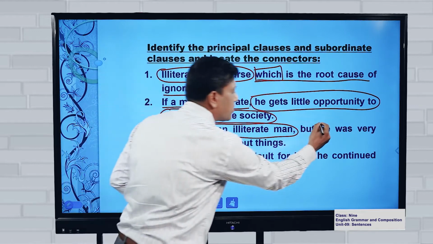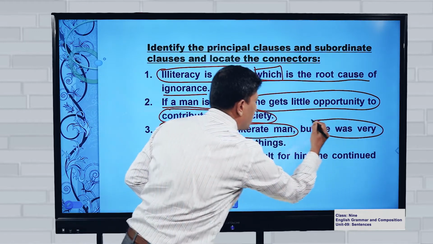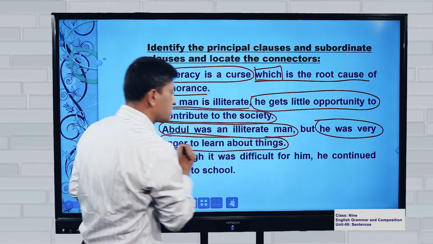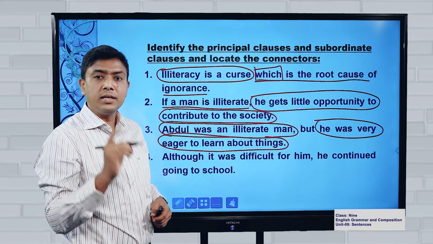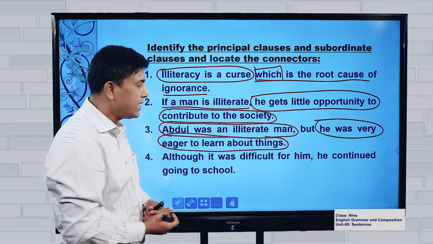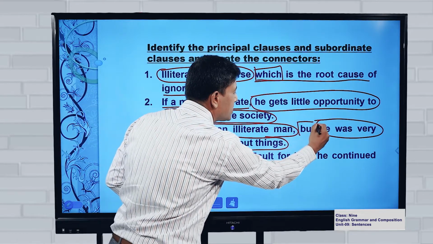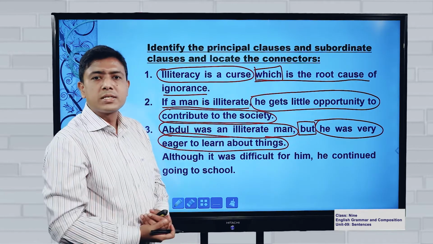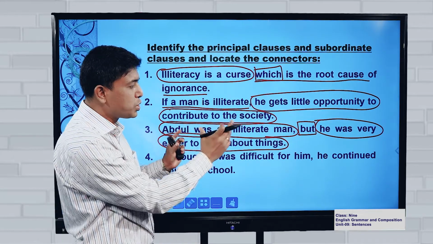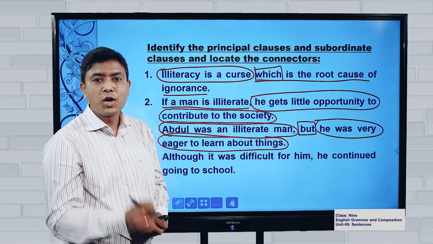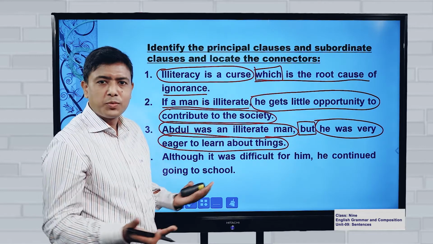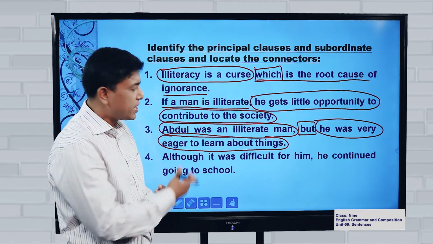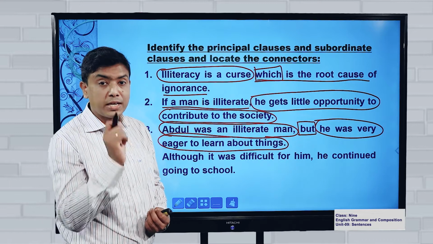Therefore, this particular part is going to be another independent clause. And here we have but as the connector of the 2 simple sentences, of the 2 independent clauses. So we are easily identifying dependent clauses, independent clauses, and also connectors.